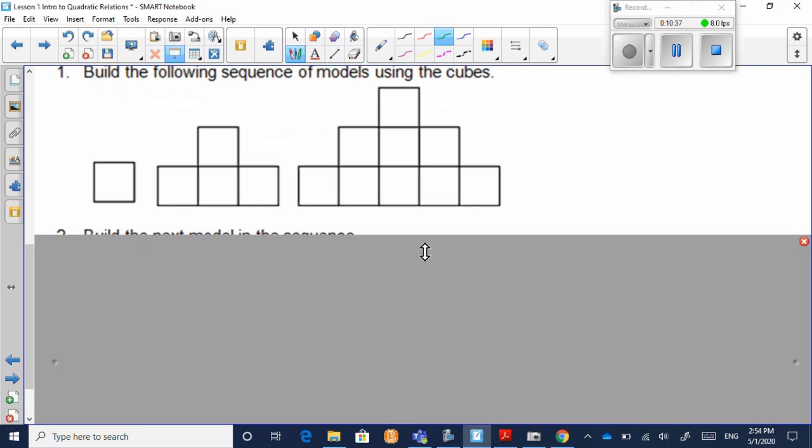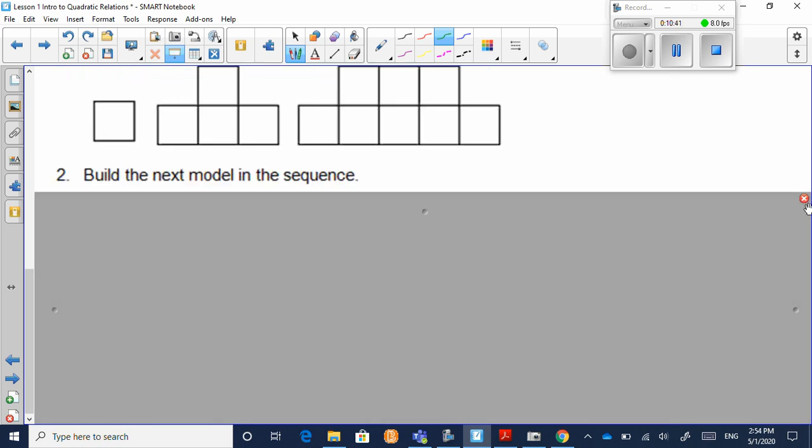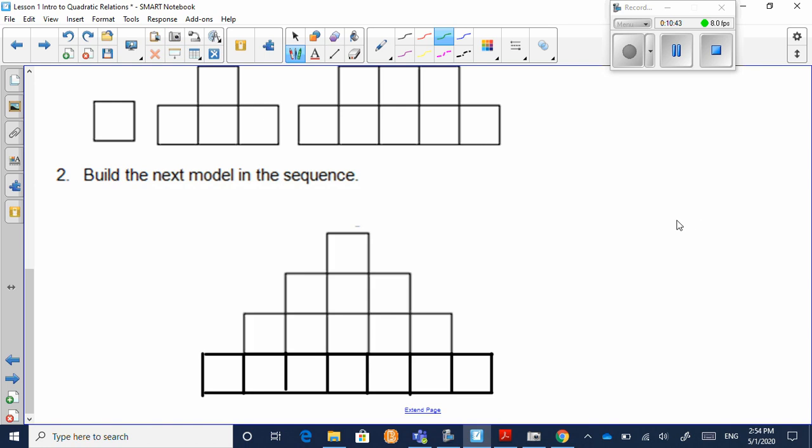And then I would ask students to build the next model in the sequence. So I've done it for you here, and that's what it would look like. So this is the first model, the second model, the third model, and the fourth model right here. So we've got 4 different models of apartments.